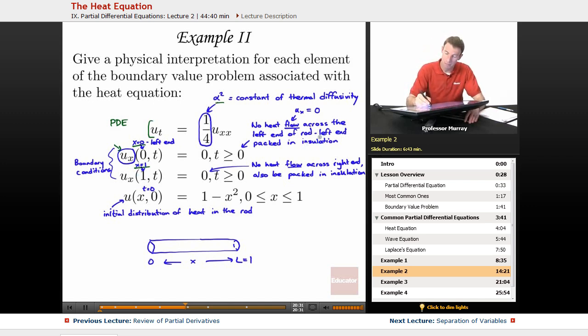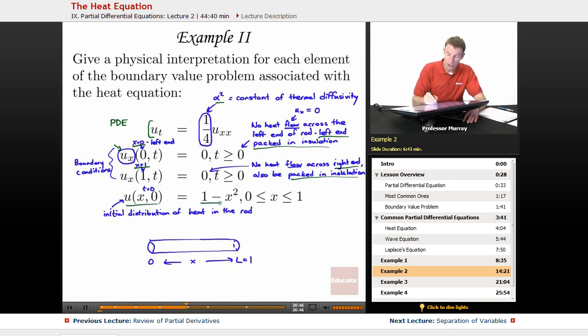So that's how we ended up concluding from these boundary conditions that the left end and the right end must be packed in insulation.